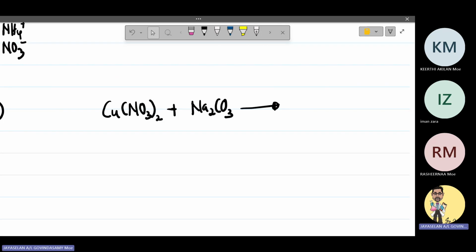Then I will teach the ionic equation. No hydrogen ion, no hydroxide ion. That means this is a salt.